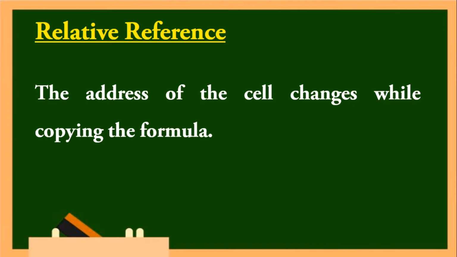When we copy the same formula in some other cell, the address of the cell, that is A1 and B1, will automatically change. That is known as relative reference. Let's understand with the help of an example.